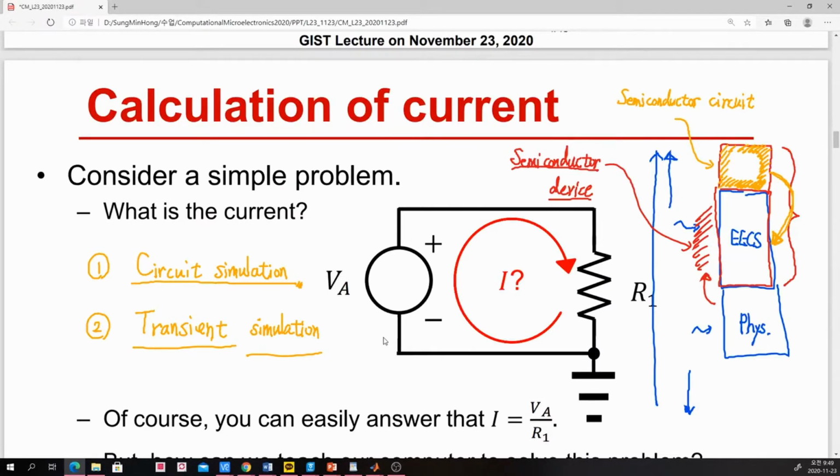It simply means: what will happen if we abruptly change the gate voltage or abruptly change the drain voltage? What will happen to our semiconductor device? That will be discussed by this transient simulation. However, to dive directly into transient simulation in the semiconductor device field would complicate our problem too much.